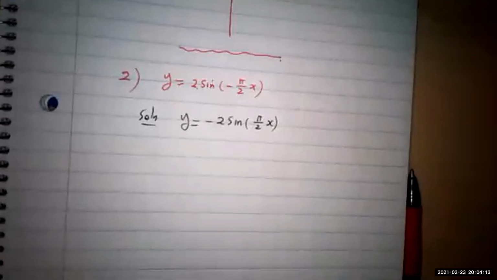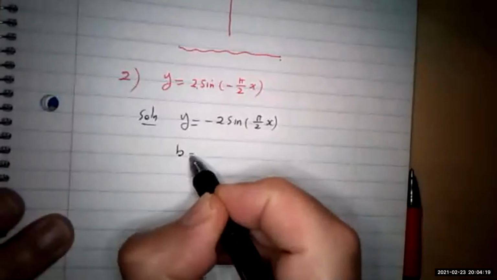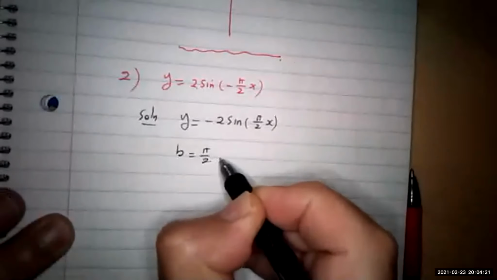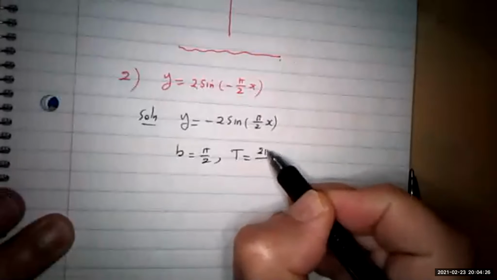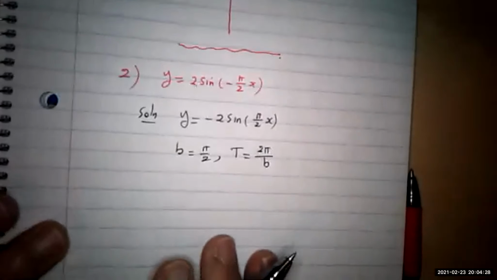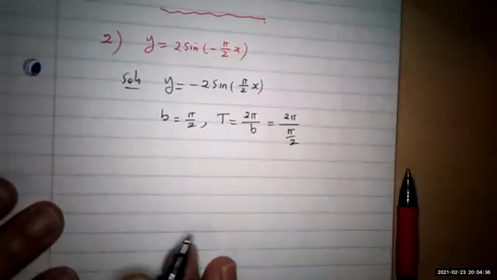Okay, identify the period. So what's going to be the period? B is equal to pi/12. Remember, the period is 2 pi over b. What's 2 pi over b? It's 2 pi divided by pi/12.